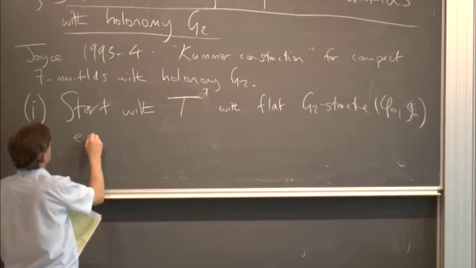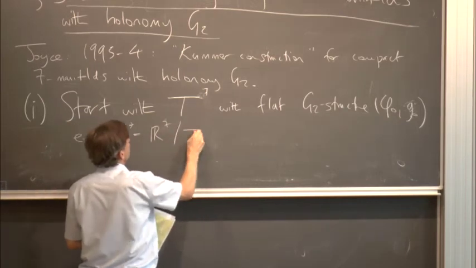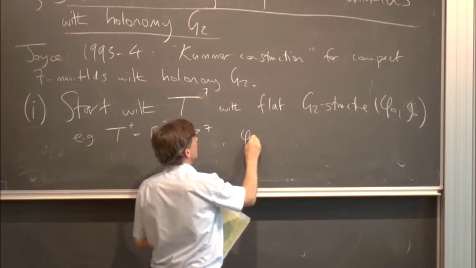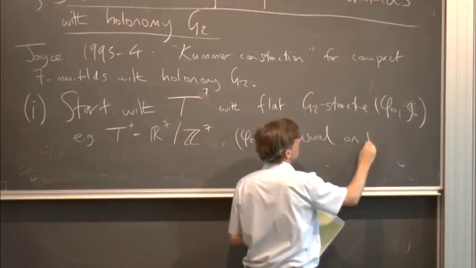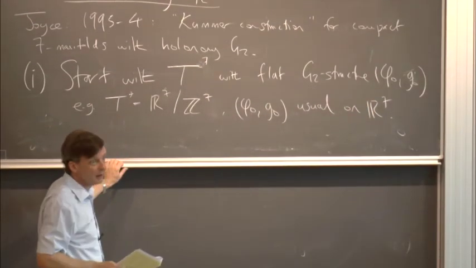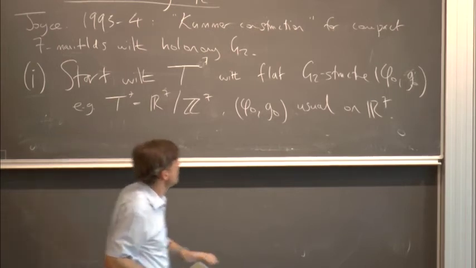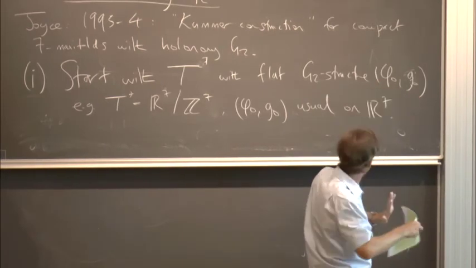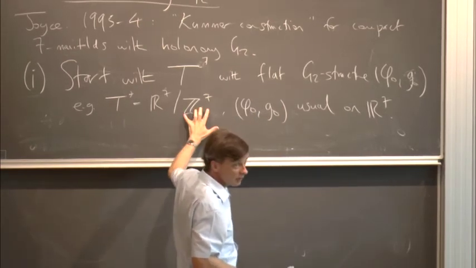So for example, you could just take T7 is R7 divided by Z7, and phi 0 is the usual one on R7, which I wrote down before. By flat G2 structure, do you just mean the identity sitting inside of G2? Well, I mean the metric is flat, and that's constant. But basically, it comes from the standard G2 structure on R7 divided by some group of translations.